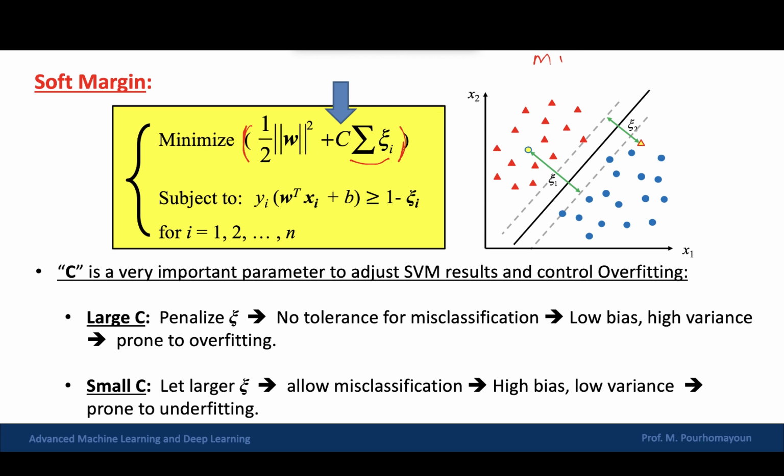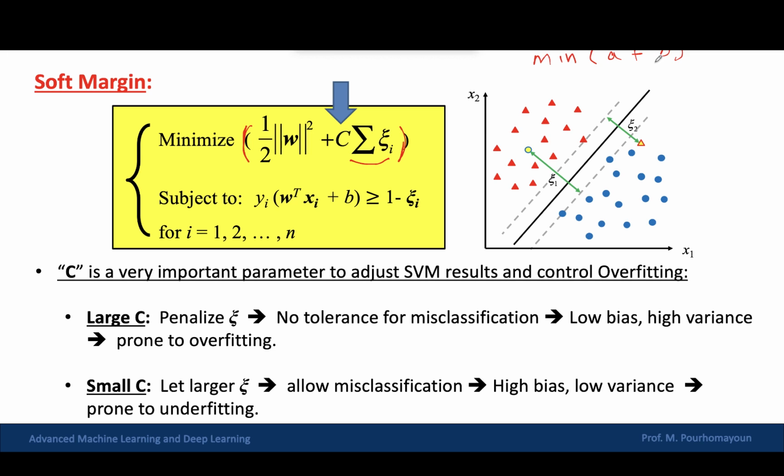If I want to minimize A plus B, two variables, I treat them equally. So I want to make this small, and at the same time I want to make this small. I want to minimize the whole thing, so I want to make A small and B small at the same rate.